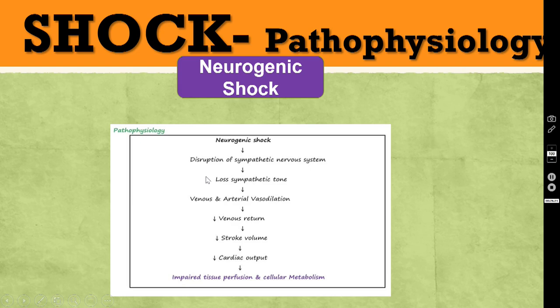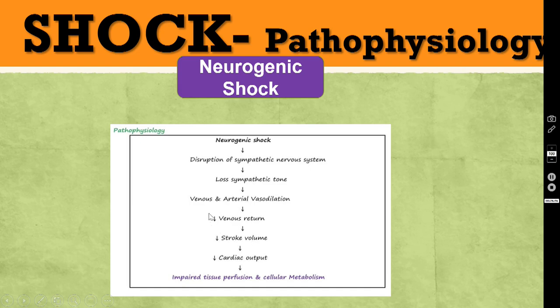Coming to the neurogenic shock, there is disruption of the sympathetic nervous system. This results in loss of sympathetic tone over the venous and arterial systems. This results in venous and arterial vasodilatation. Because of this, there will be decreased venous return.